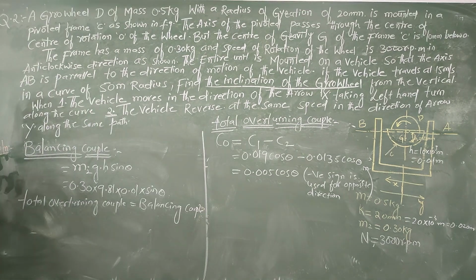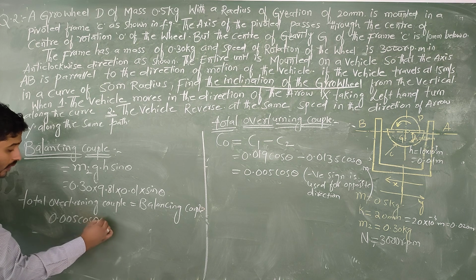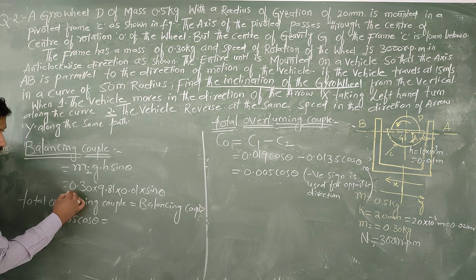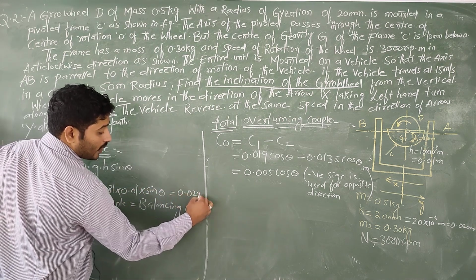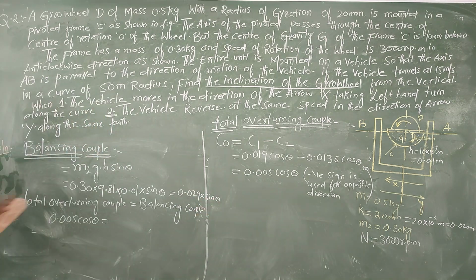The total overturning couple is 0.005 cos theta, equal to the balancing couple, which is 0.029 sin theta. That is the value of balancing couple.